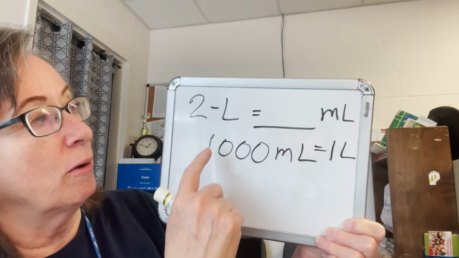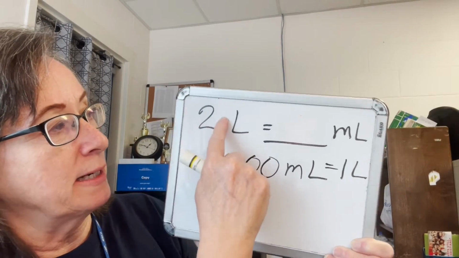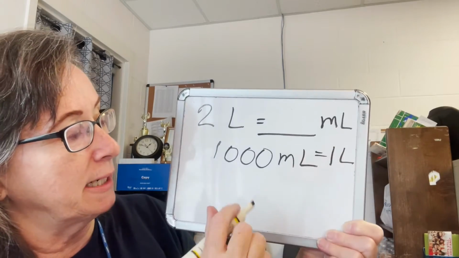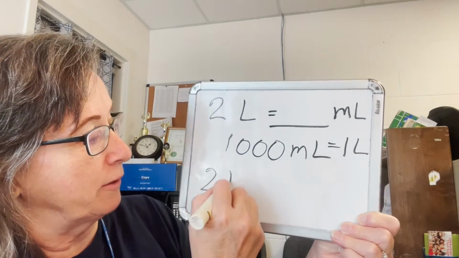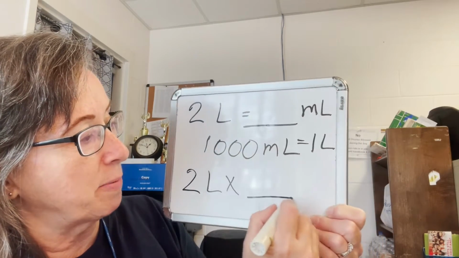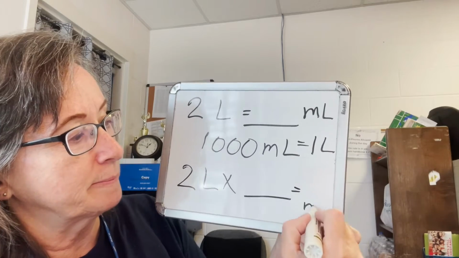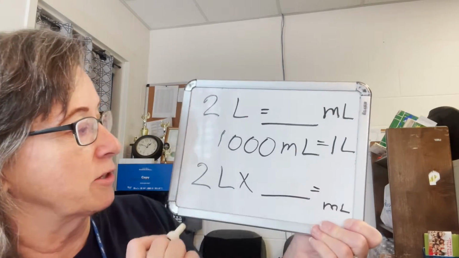So we have 2 liters, that's not 2 minus liters, that's 2 liters, equals how many milliliters? So we're going to say 2 liters times something is how many milliliters? I'll put it there so I can put the answer right there.